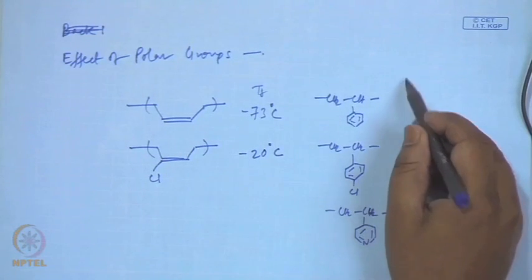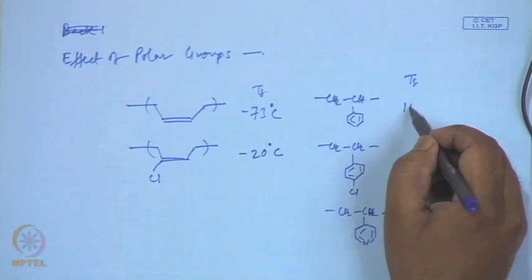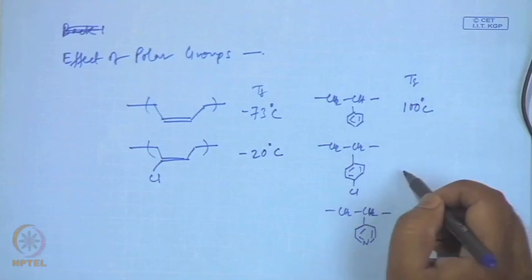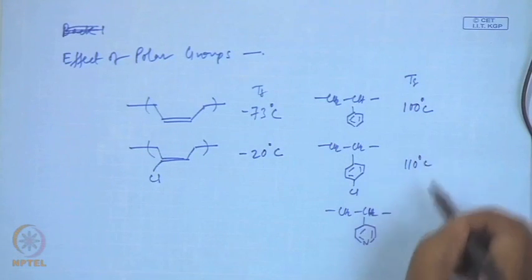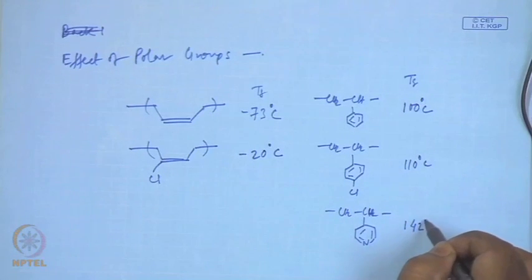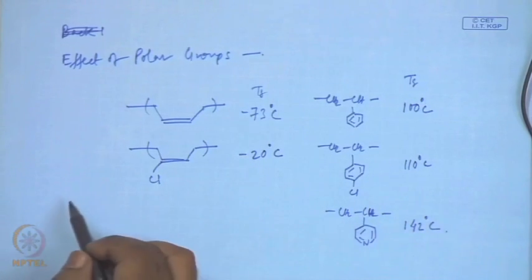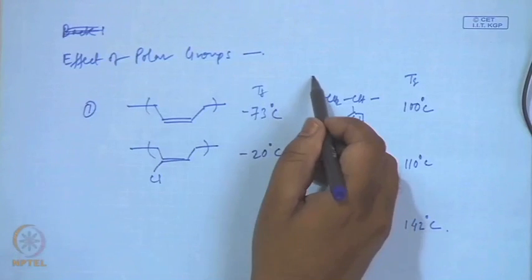The values for the Tg are given by 100 degree centigrade, 110 and 142. This is one set, this is the second set.